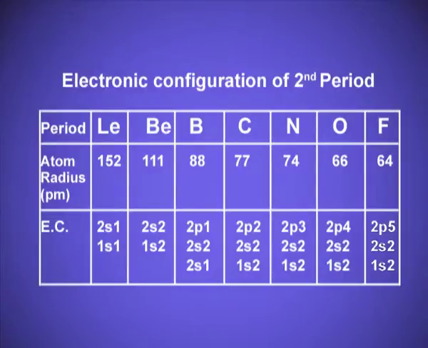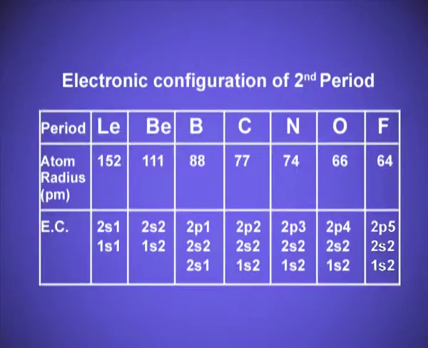Again I am showing you the electronic configuration of the second period. From this distribution of electrons also you can see the increase in the effective nuclear charge and the electrons entering the same shell.